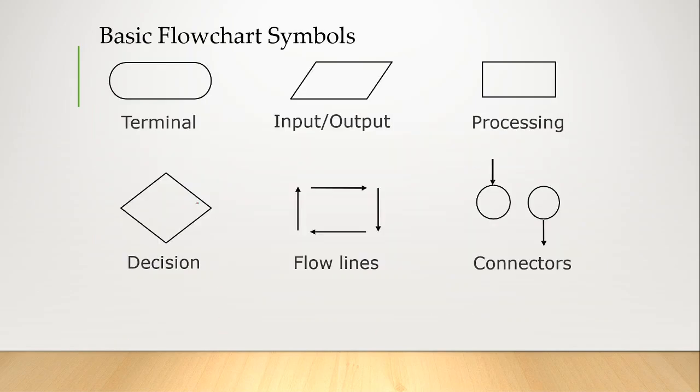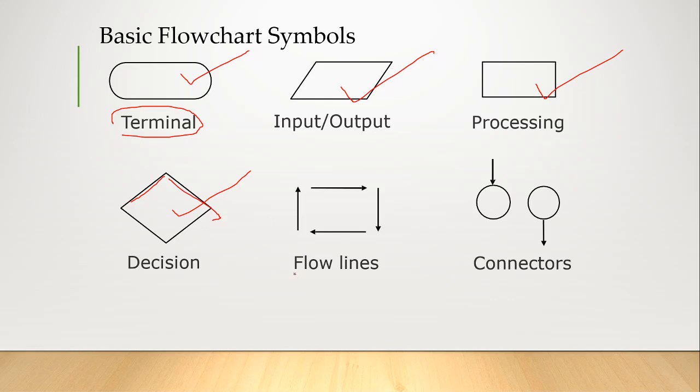So these are the basic flowchart symbols. To denote the terminal, the end or start of the flowchart, this kind of symbol is used. To denote input and output, a parallelogram is used. To denote the actual processing of a program, a rectangle is used. To make a decision in the flowchart, a diamond box is used.